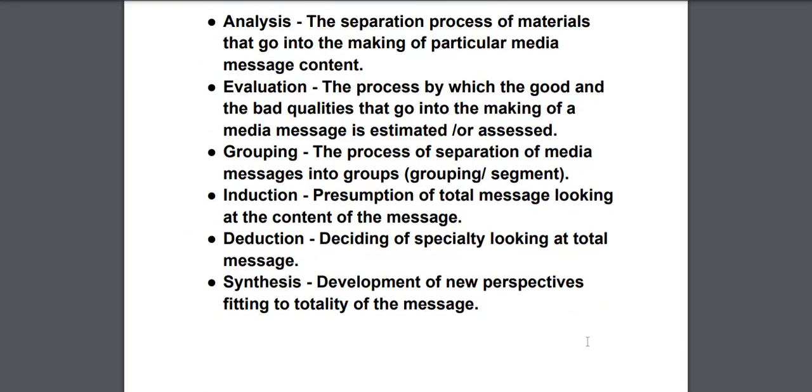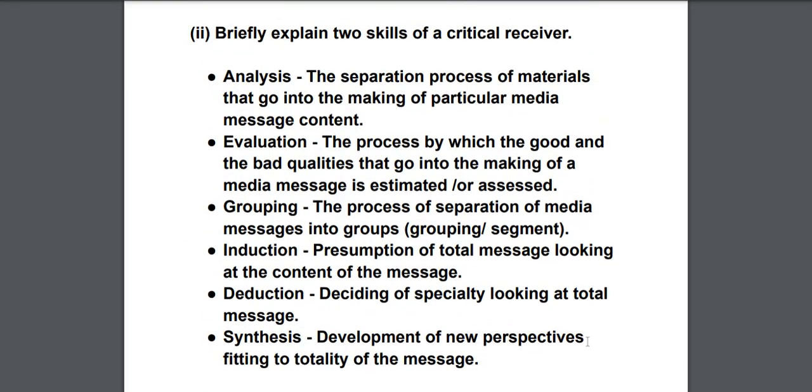Then the second one says, briefly explain 2 skills of a critical receiver, right? Actually we have discussed those things in the 6th lesson about creativity, about the critical receiver's skills, right? So here they are asking 2 facts, and you have to briefly explain.